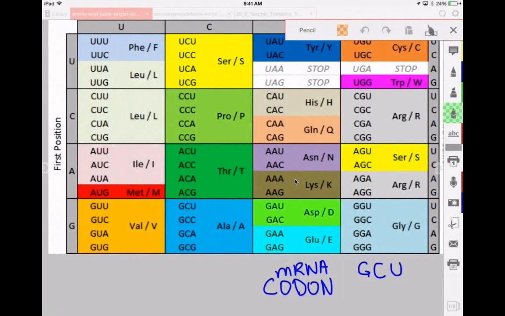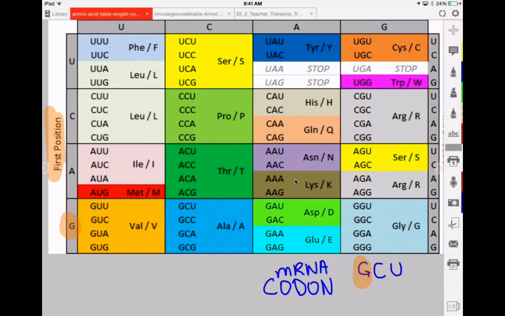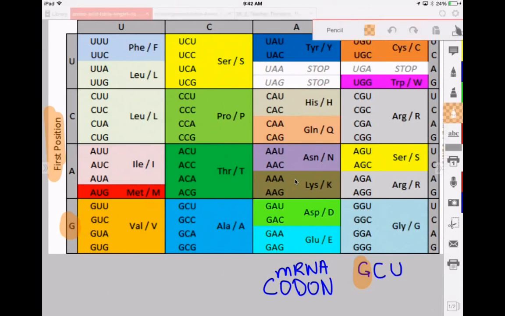Okay, so this is called first position. You look at your first position and you say, okay, the first one is G. Then you look at second position, and I'll bring this down here so you can see it. Second position is along the top, C, and then you go to third position and you go to U. The intersection of G, C, and U, so G is this whole thing here, C here, and U. So come over and I'll use a dotted structure.